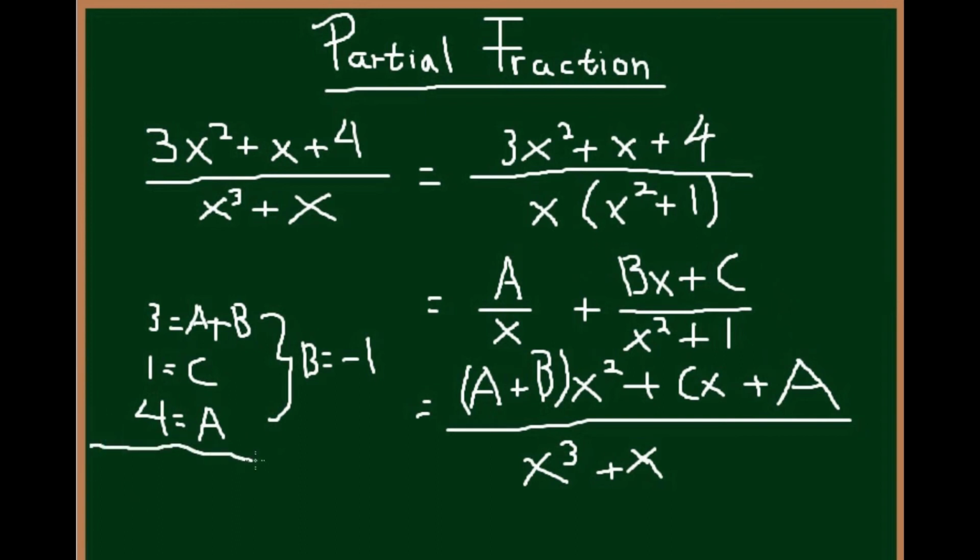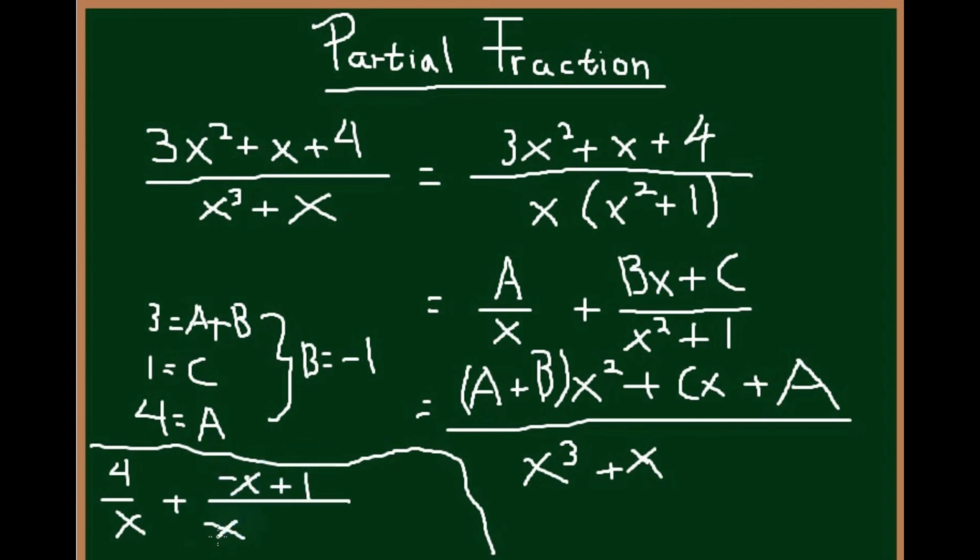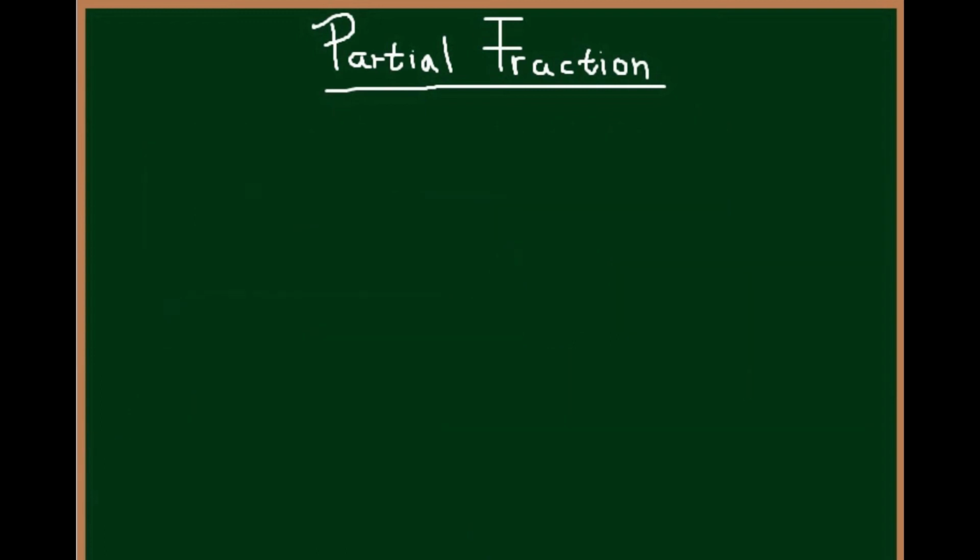So we got 4 over x plus minus x plus 1 over x squared plus 1. Let's try another example.